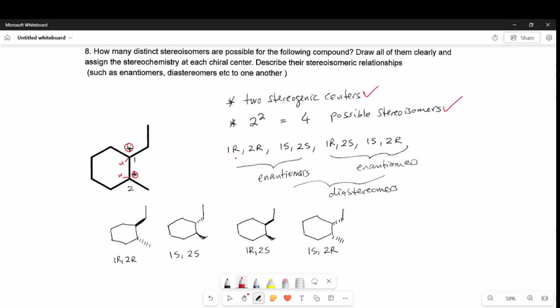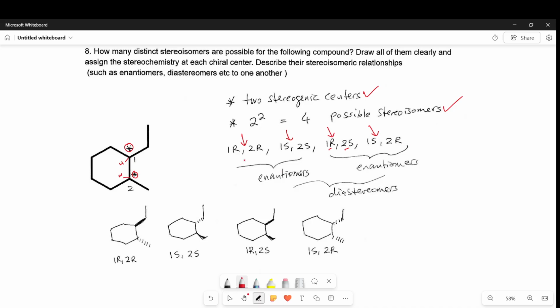The mirror image of 1R, 2R is 1S, 2S, that are enantiomer pairs. And on the same 1R, I can have 2S, and the mirror image of that is 1S, 2R. Basically, I have outlined 4 stereoisomers, which are related as 2 enantiomers, and this pair is related to this pair.